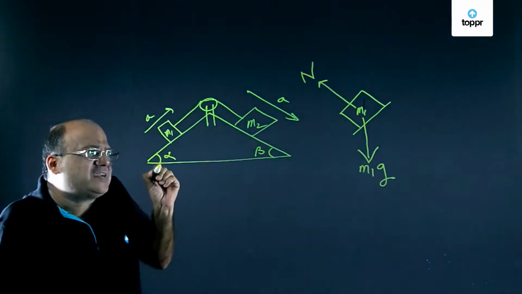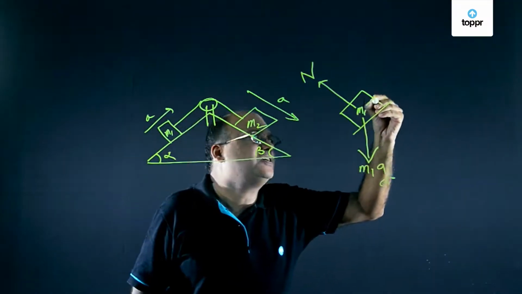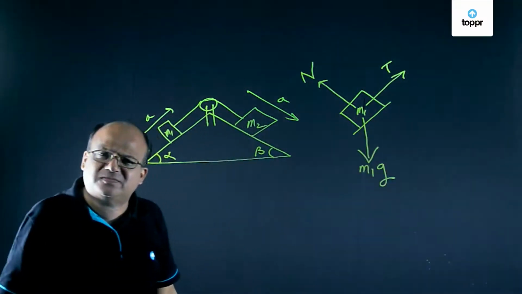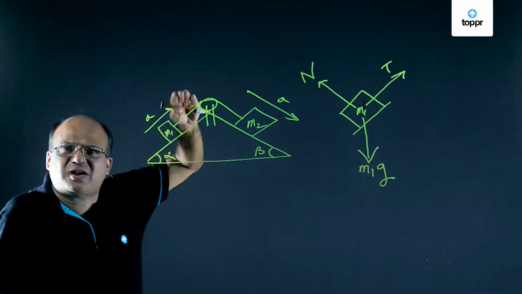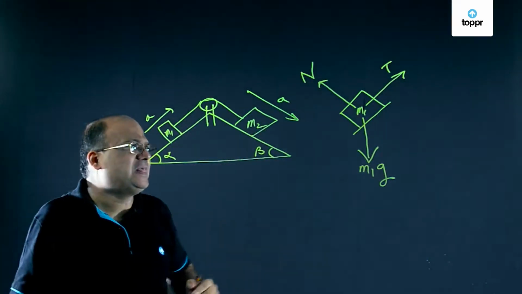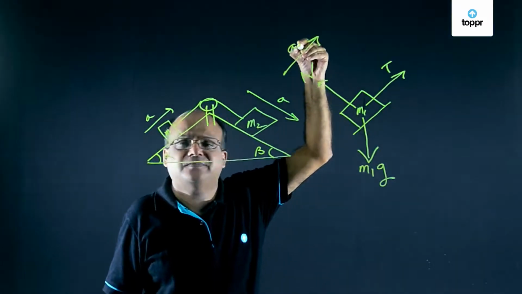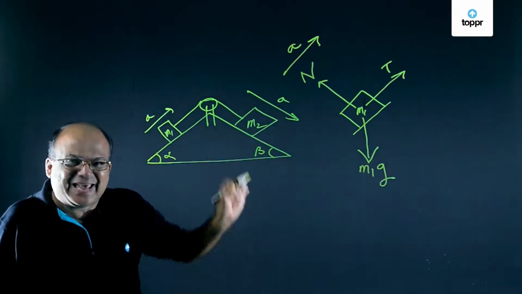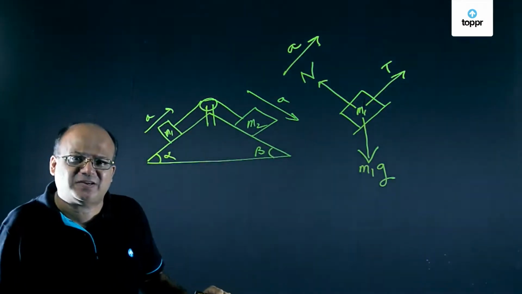Now m1 is also connected by a string. Tension will act along the string, away from the body under consideration. For the time being, surfaces are frictionless, so there is no friction. Acceleration of m1 is up the inclined plane. We resolve forces in the direction of acceleration and perpendicular to acceleration.